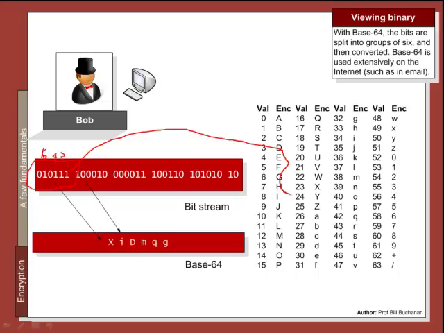So we look over here and we can see that 23 corresponds to an X value. So that's an X there. So in this way we end up with a text format that we can actually view and transmit and so on, and it doesn't involve any non-printing characters as we see here.